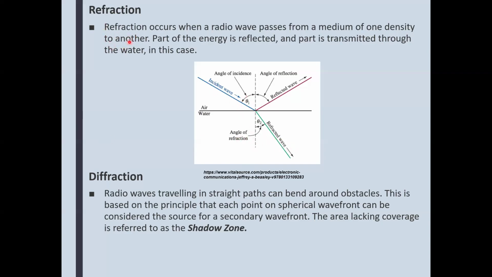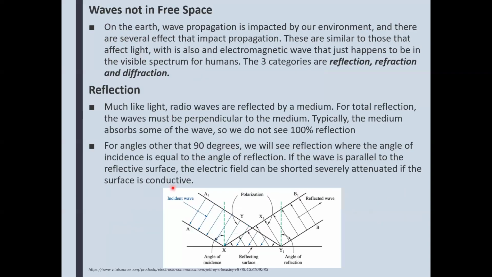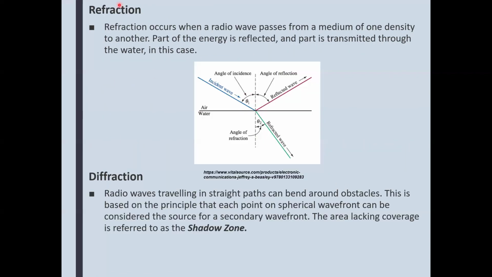So refraction, okay, first the reflection. Reflection bounces off, boom. Refraction occurs when the radio waves pass through a medium of one density to another. Part of the energy is reflected and part is transmitted through the water in this case.